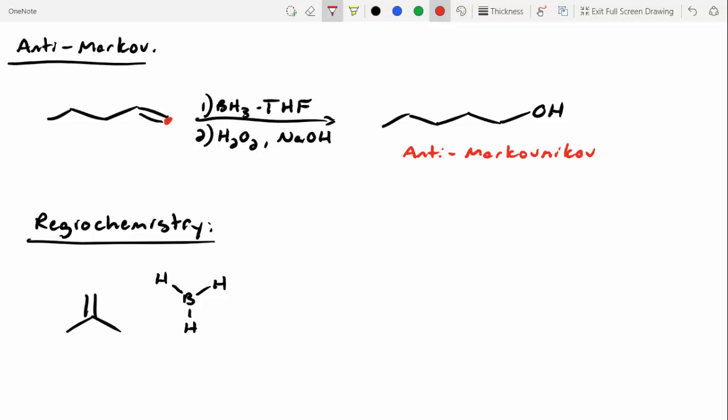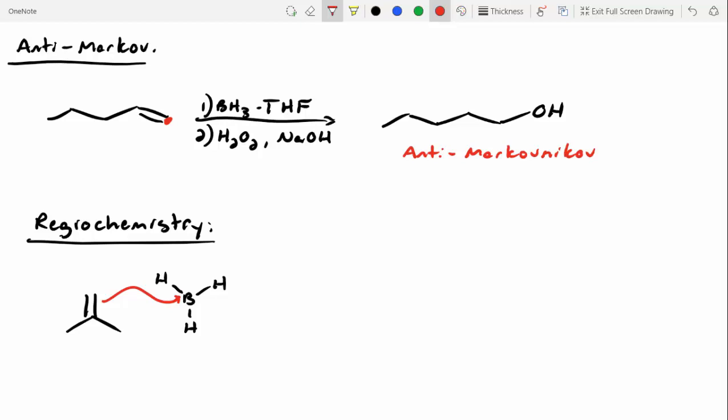And in this case, the boron will want to be attached onto the less substituted side of the alkene. Why wouldn't the boron get attached to the more substituted side? I heard somebody say it in the back quietly. It's not electronics, it's sterics. So in this case, boron can more readily approach that top carbon, not the bottom carbon.